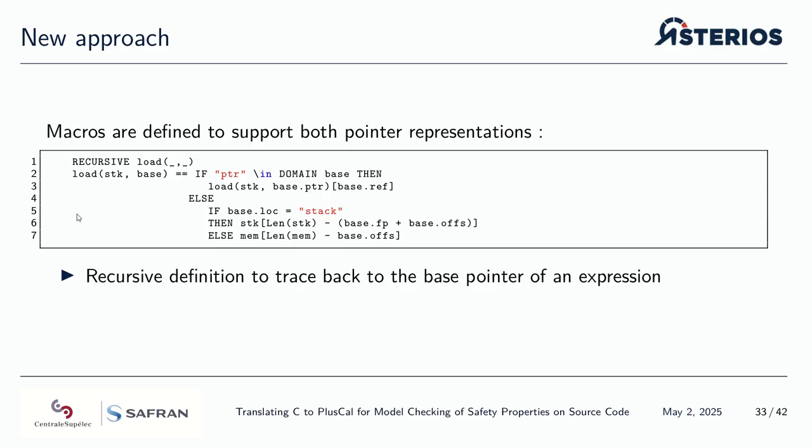And then when we come back to the base pointer, we use the previous load definition, by taking from the right memory section the right location based on the offset, frame pointer, and length of the current stack. And then when we have retrieved this base pointer, we just take in TLA+ the reference to the element that we want.